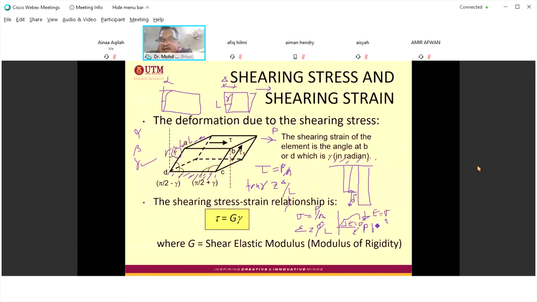So sigma equals E times strain, but here, tau equals G gamma. So this material has another property called modulus of rigidity, and this popular one is called Young's modulus, modulus of elasticity. So this one has G.